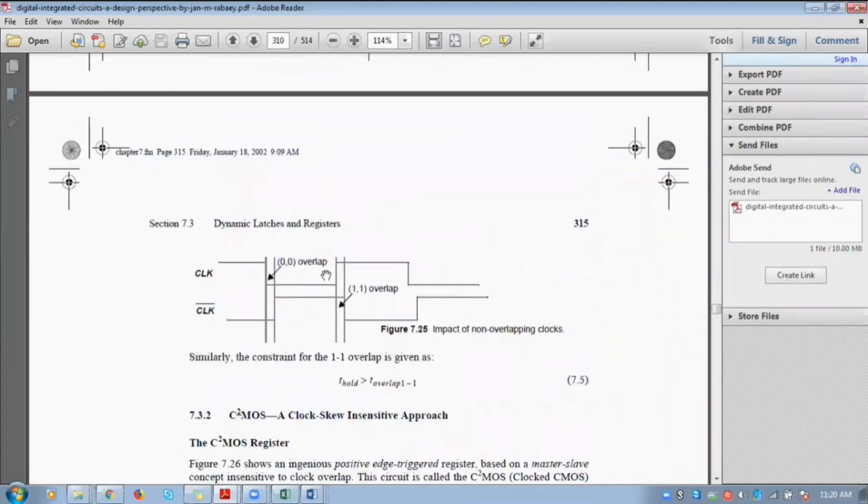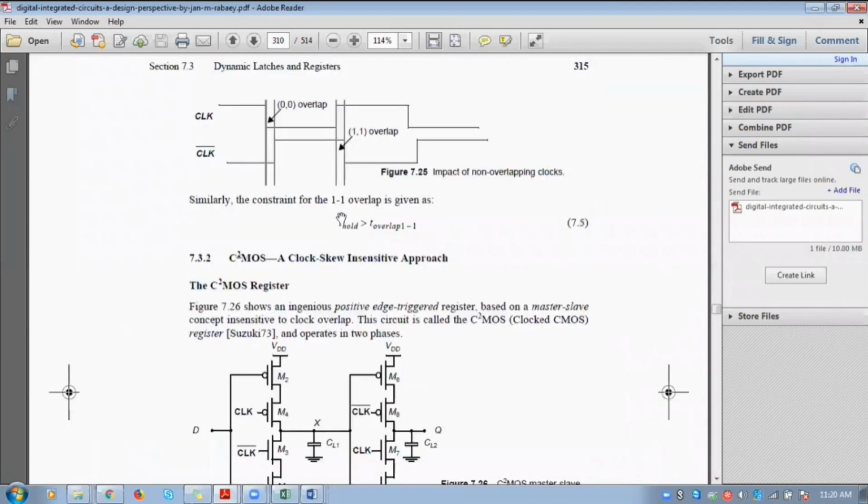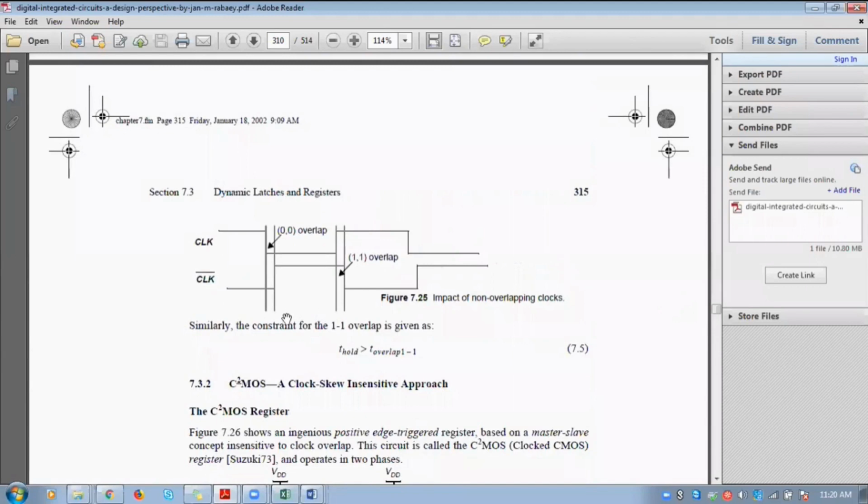So the 0-0 and 1-1 overlap is a very important problem associated with these dynamic latches. This issue is known as clock skew, and it will result in a race condition.